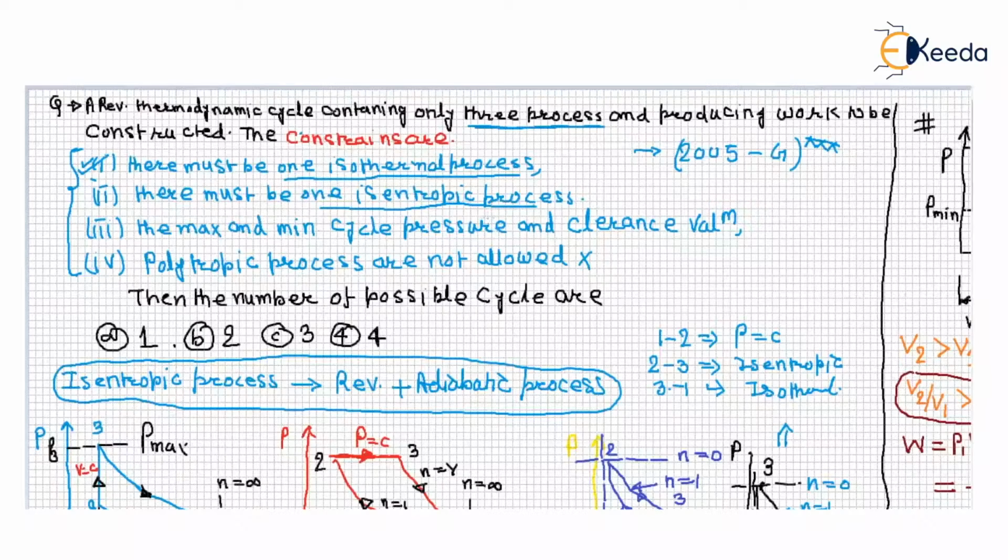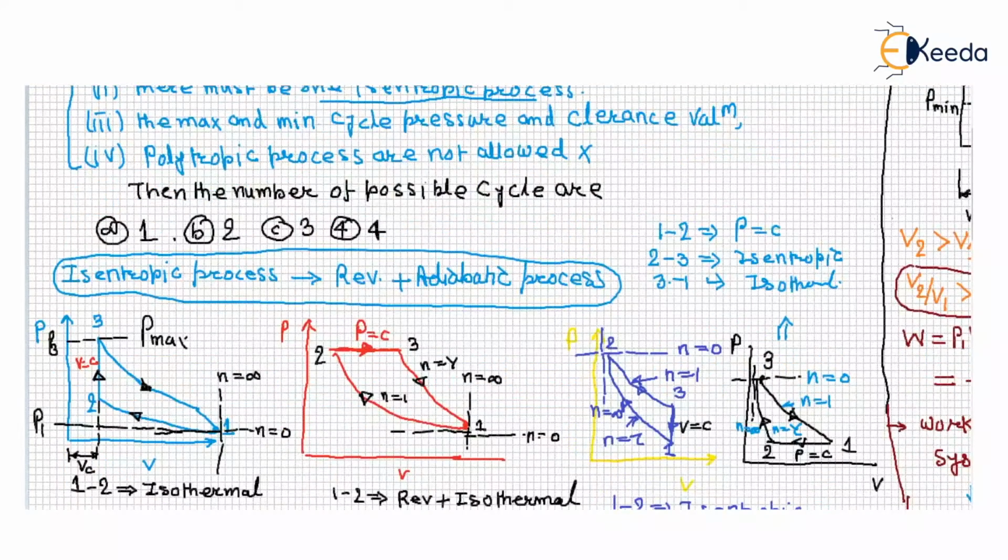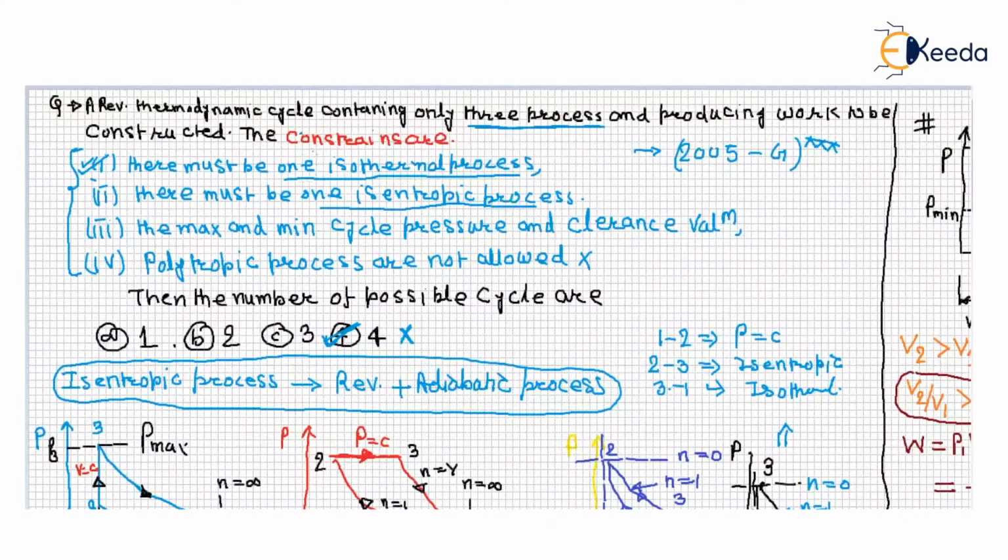So according to this condition, the number of possible cycles is 4, and your answer is okay, happy. But this is the wrong option. Many would give it like that. Why is this wrong? Because you did not see this thing.